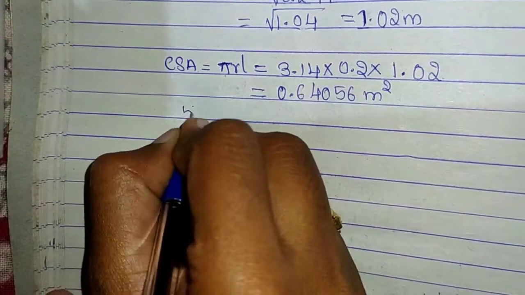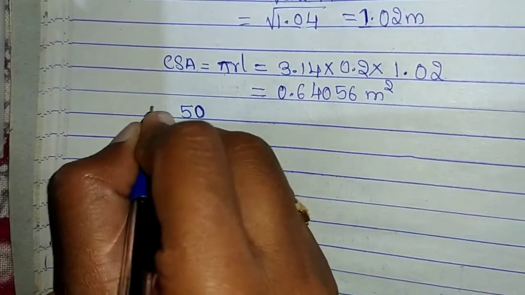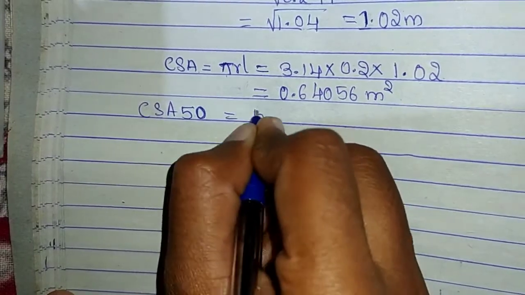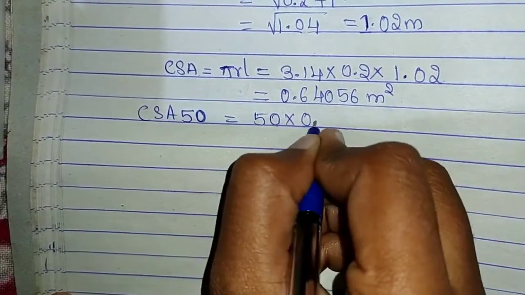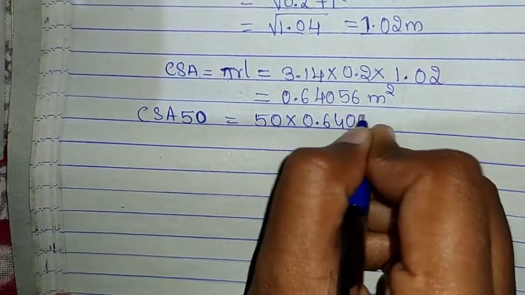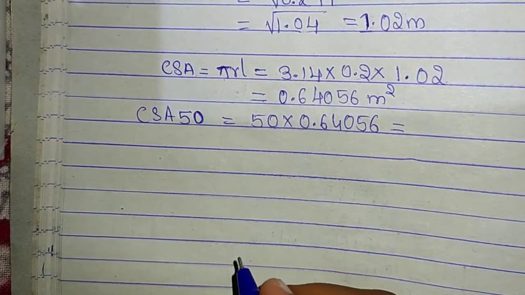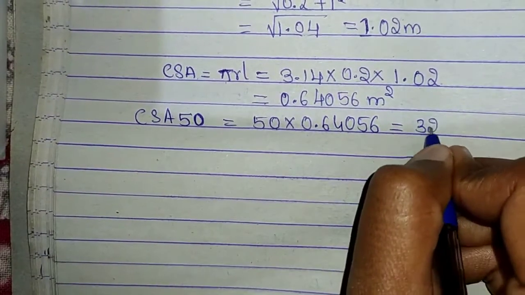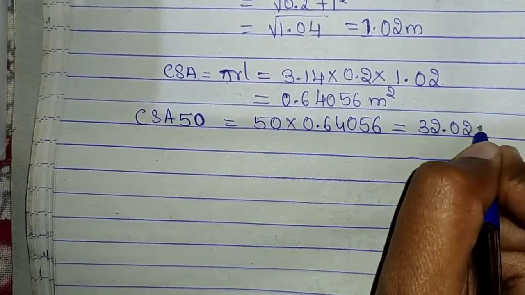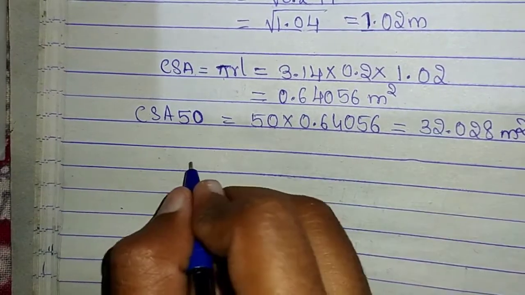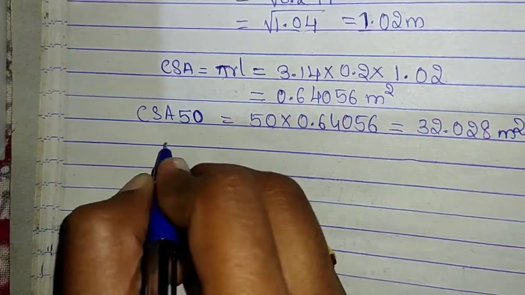So CSA of 50 cones will be equal to 50 into 0.64056, which will be equal to 32.028 meter square. This is the curved surface area of 50 such cones.